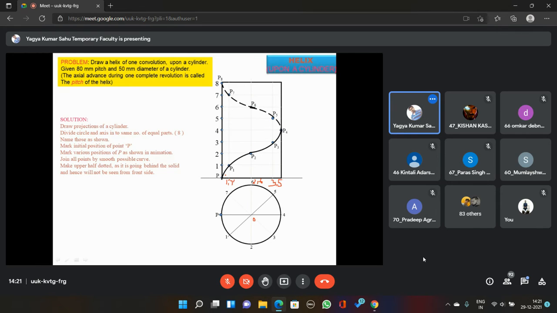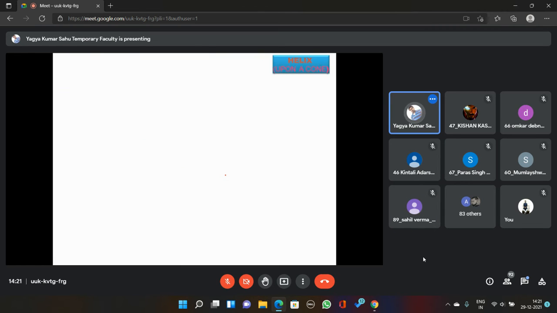Now second, helix upon a cone. Draw a helix of one convolution upon a cone, diameter of base 70 mm, axis 90 mm, and here the pitch is also 90 mm. The axial advance during one complete revolution is called pitch. So the pitch as well as the height of the axis are both 90 mm.